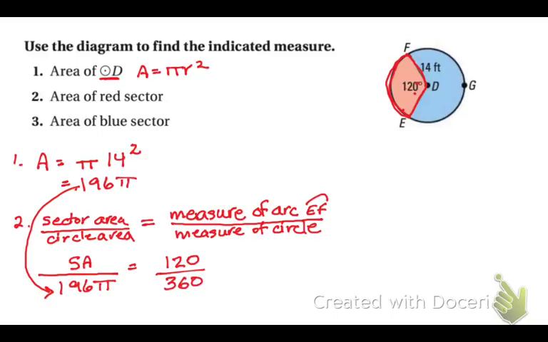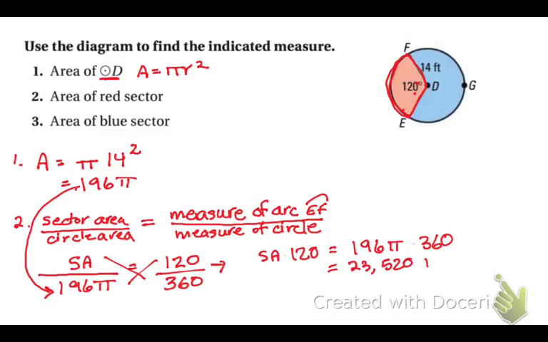So what do we do now? As we always do with these kind of problems, we do a cross multiplication. So we have SA times 120 is equal to 196 pi times 360. Wait, what did I do wrong?